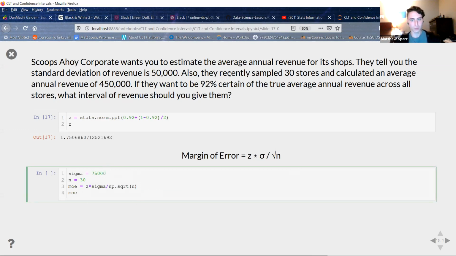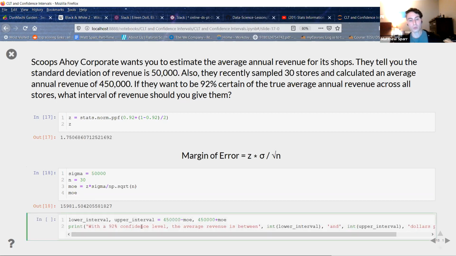Sigma is 50,000, and the number of stores they sampled was 30, so n is 30. The margin of error is our Z critical value times sigma divided by the square root of n. So our margin of error is almost 16,000.